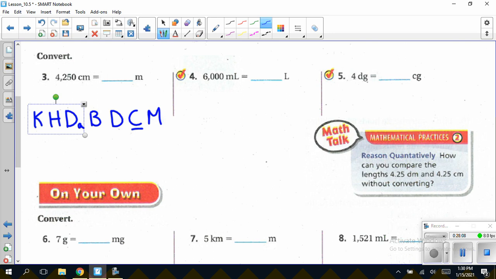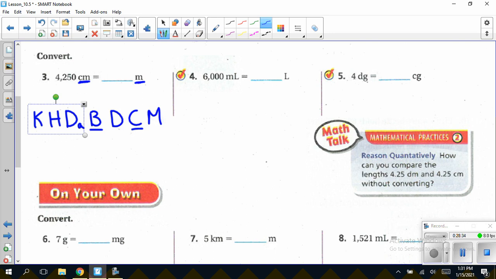But this is where I told you that if you have a single letter abbreviation, that automatically takes you to the base unit. Any other abbreviation, when they're 2-letter abbreviations, or even for deca, the 3 letters, you always go to then that letter within my saying. But when it's the single letter, that tells you to go to the base.